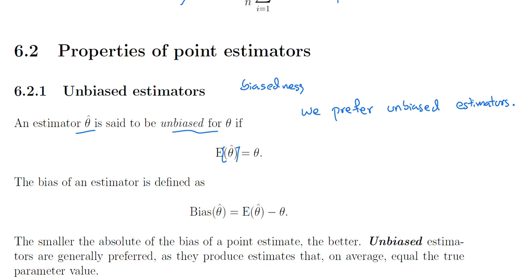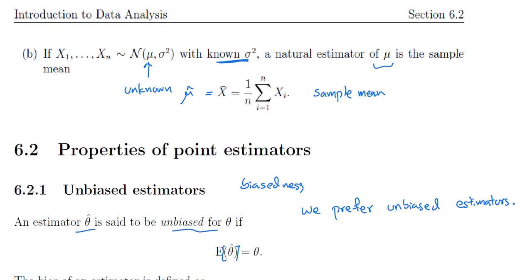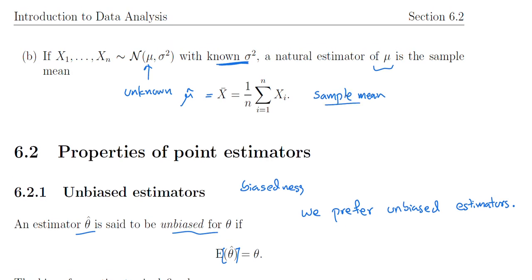All we need to do is look at the expected value of our estimate theta hat, and if it's equal to theta itself, we call it an unbiased estimator. If it is not unbiased, the bias of the estimator is defined as the difference between the expected value of theta hat and theta, the parameter we are estimating. Now let's look at whether the sample mean is a biased or unbiased estimator.